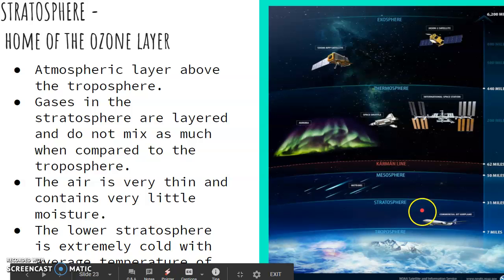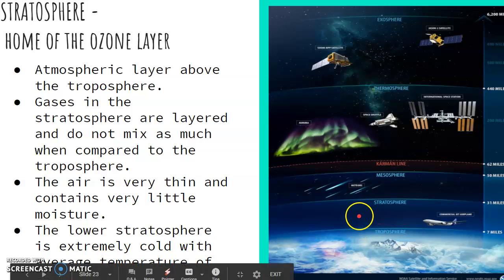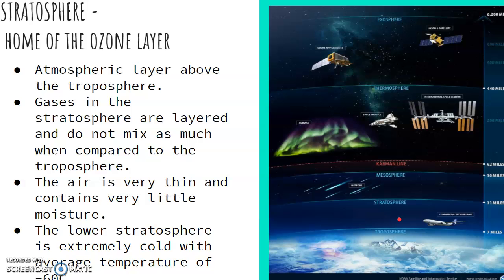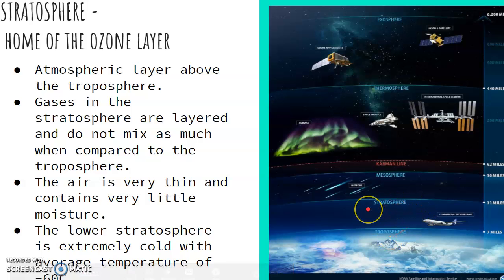And the air here is also very thin. It's because, again, as you go higher up, there are fewer and fewer air particles or gas particles. So air is very thin here, and there's very little moisture. Almost all of the water or moisture is actually in the troposphere, leaving very little moisture in the stratosphere.